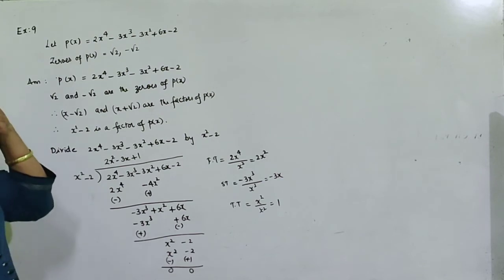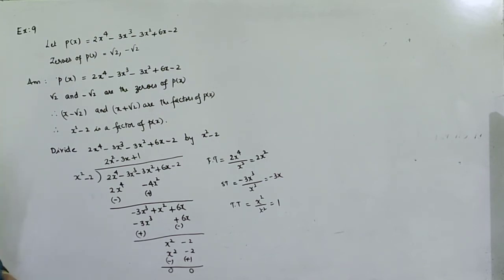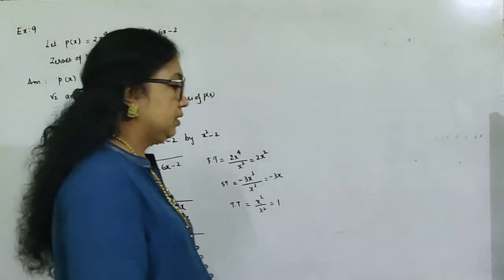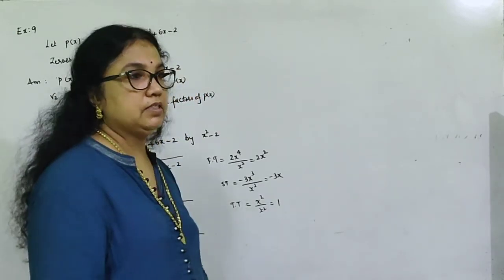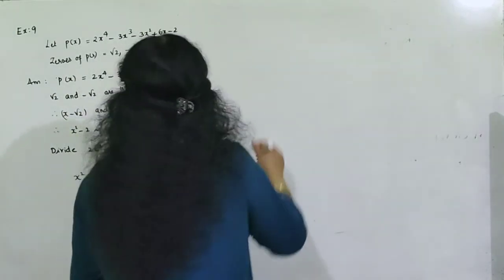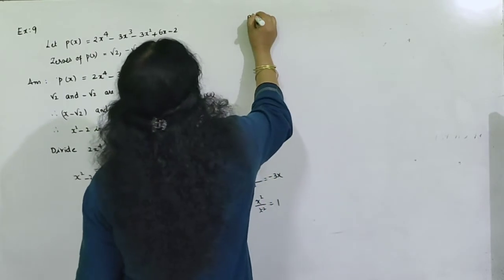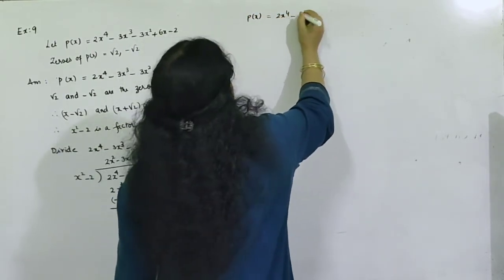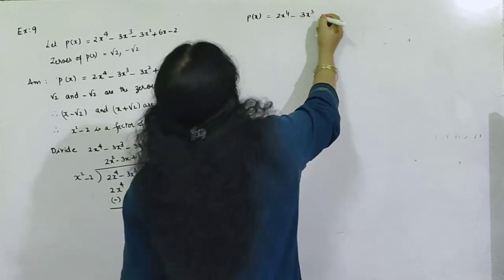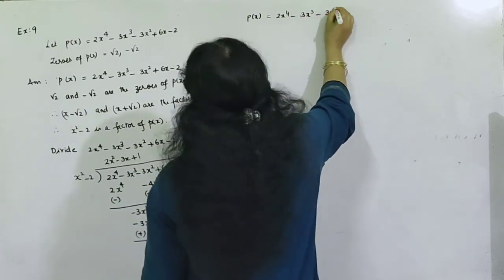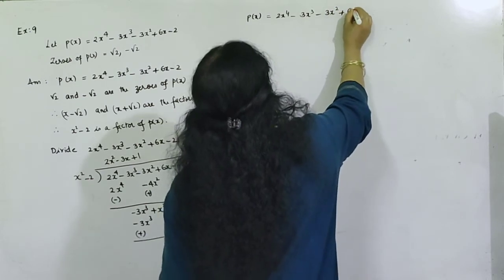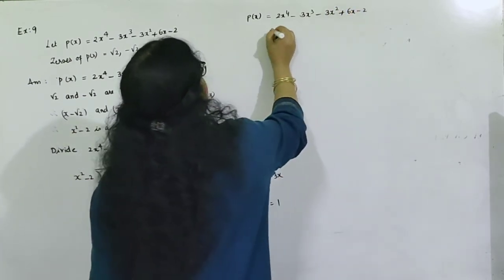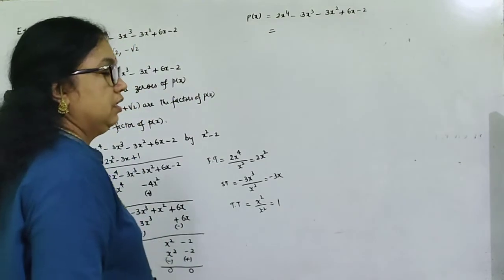So now you have to write it in division algorithm form, as we did in verification, that means dividend equals divisor into quotient plus remainder. So p of x equals 2x raised to 4 minus 3x cube minus 3x square plus 6x minus 2, that is equal to divisor times quotient plus remainder.